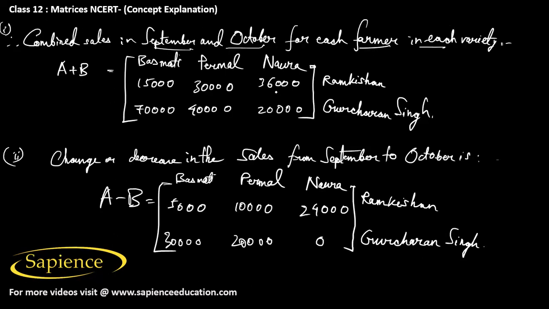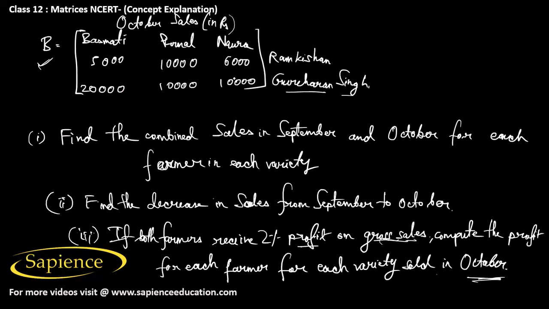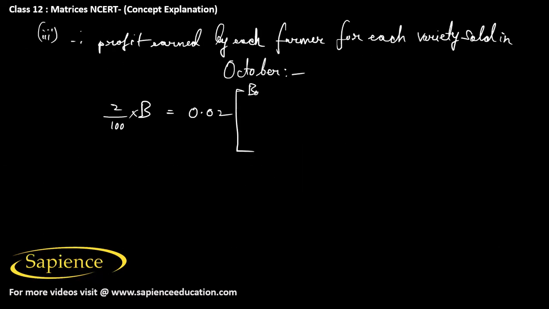First column is for the basmati rice, second column is for permal rice, and third column is for Nora rice. The first row is for Ramkishan, and the second row is for Gurcharan Singh.